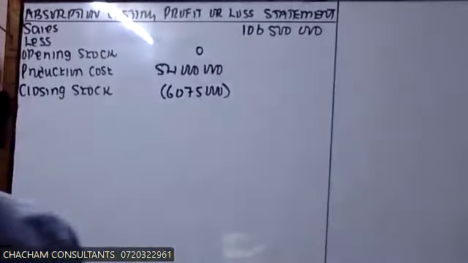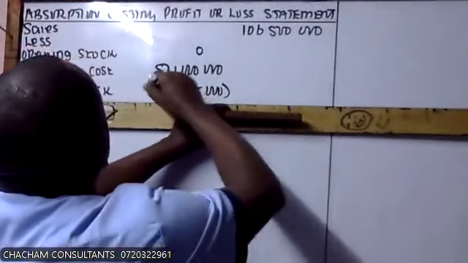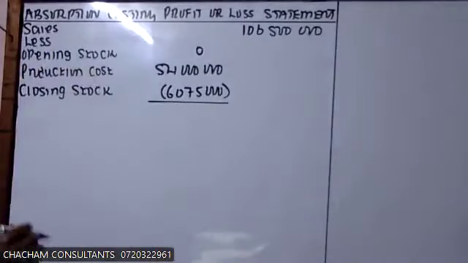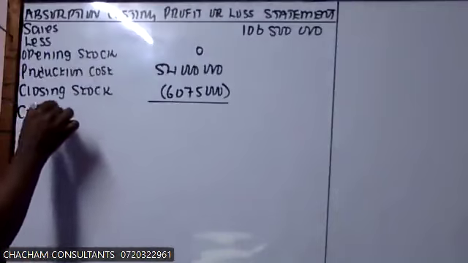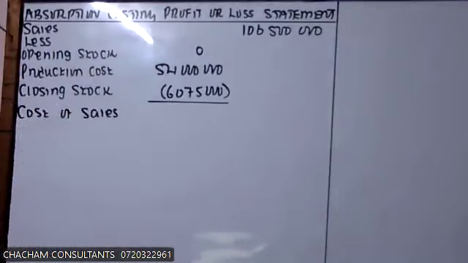Now you less that, and when you less, what you get is called cost of sales.